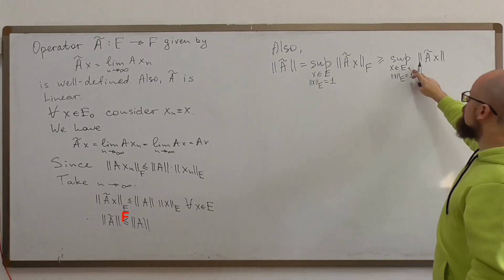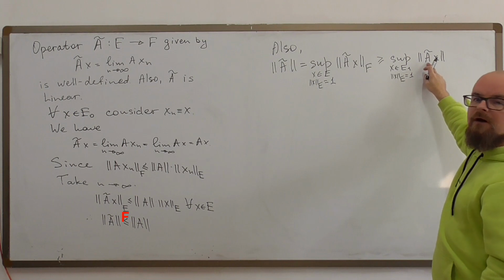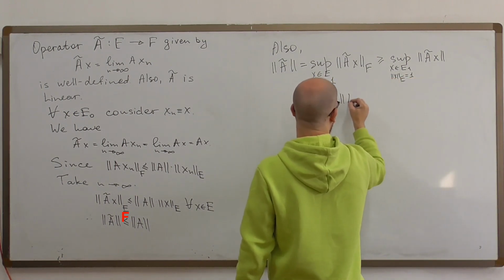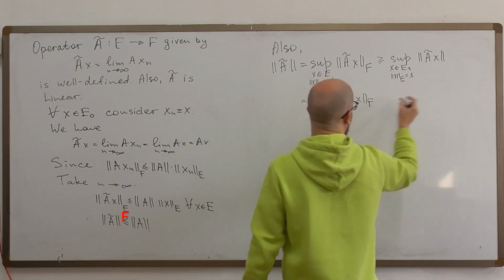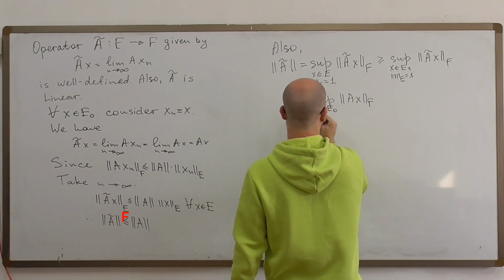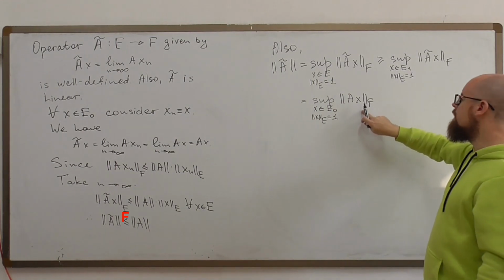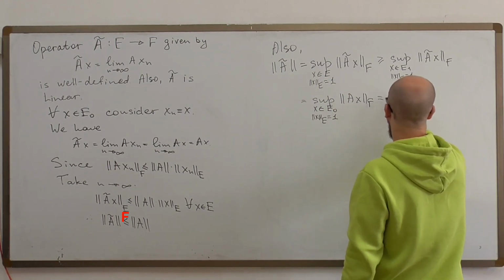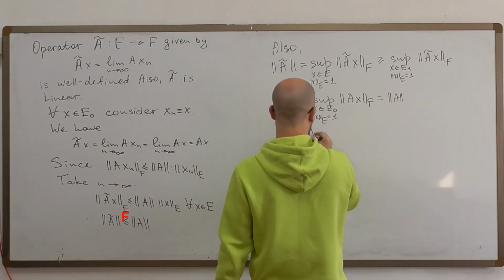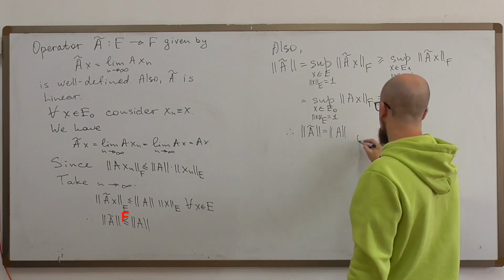But now x is from the subspace E1, and we know that A tilde and A coincide on E1. So it equals the norm of A x, but this is nothing but the norm of A. So the norm of A tilde equals the norm of A, and we're done.